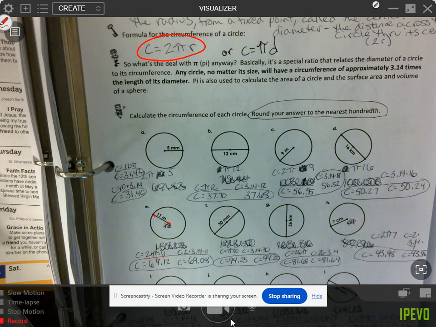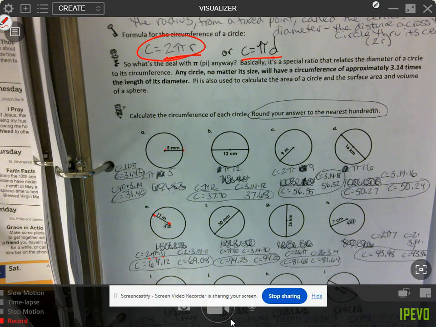If we had the diameter and divided it by 2, that would get you the radius to use this formula, but then you have to multiply by 2 again. So if we're given the diameter, that's when we'd use circumference equals pi times diameter. We don't have to divide at all. You're either multiplying the radius times pi times 2, or if you're given the diameter, you're multiplying it by pi.